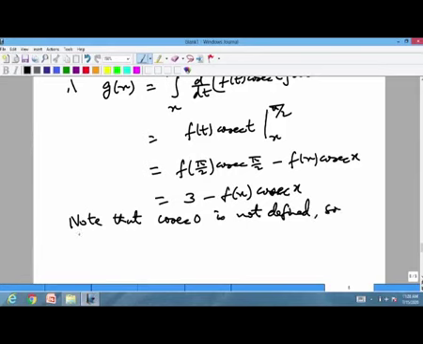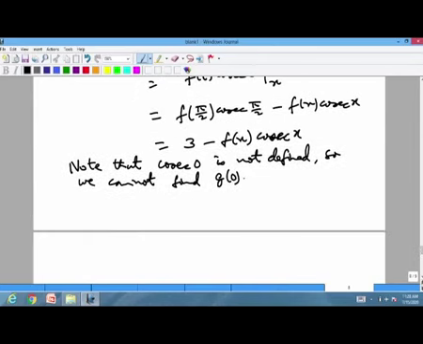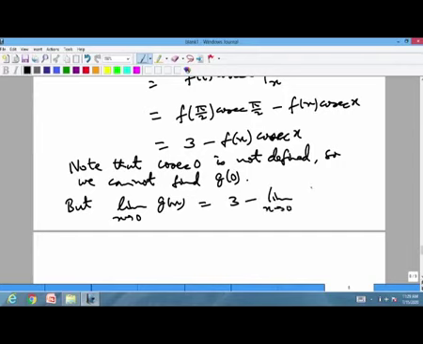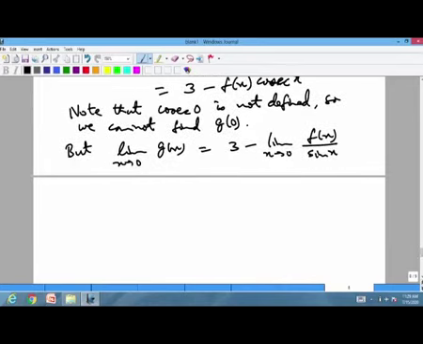So, we cannot find g of 0, but we can try to find the limit. The limit of g of x as x approaches 0 is equal to 3 minus the limit as x approaches 0 of f x times cosec x, which I can write as f x by sin x. So, now we have a 0 by 0 form.